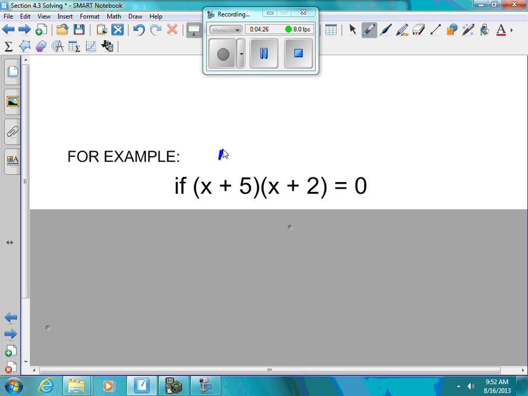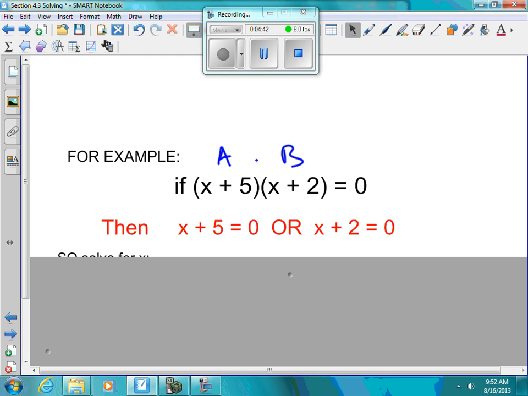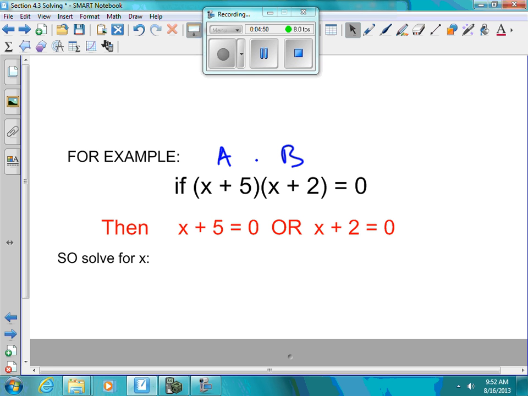You have to think about this binomial, x plus 5, as being A, and you have to think about the x plus 2 as being B. If you think about it that way, which is perfectly legal, a variable can represent an expression, that leads us to conclude that x plus 5 is 0, or x plus 2 is 0. And if we can do that, we can solve those equations pretty easily. Okay, x plus 5 equals 0, that's what you did in 7th and 8th grade.